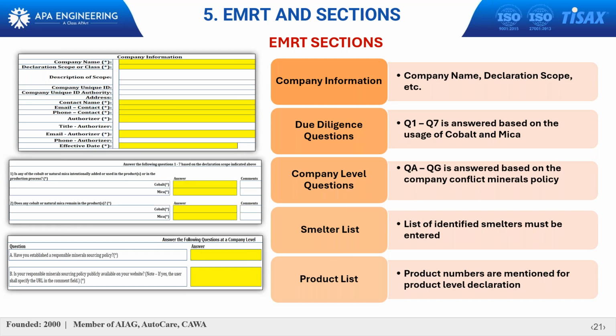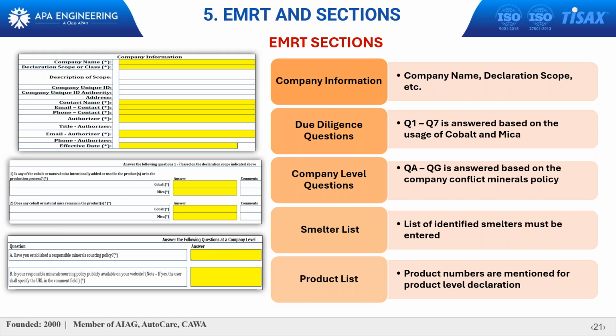So EMRT has 5 sections. The first section contains the company information, and the second section contains the due diligence questions. In EMRT there are 7 questions, but in CMRT we have 8 questions. And the third section contains company level questions. It has 7 questions from QA to QG, but in CMRT we have 8 questions.